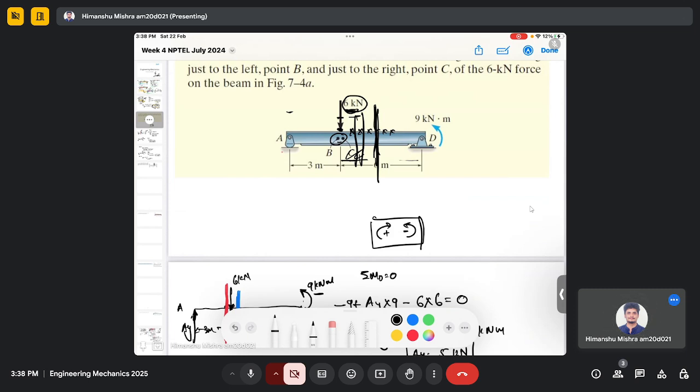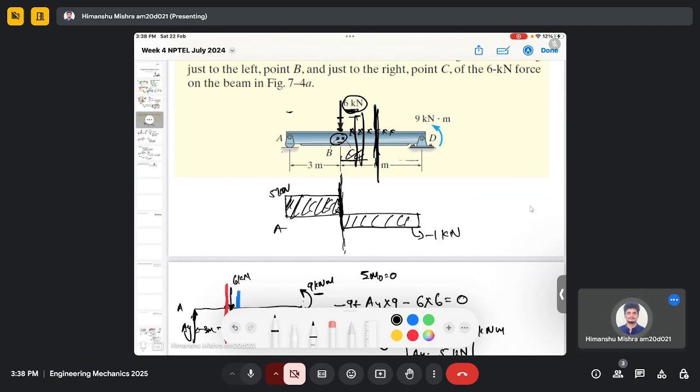So if I make the shear force diagram, it will be 5 kilonewton. So this is the location where my external force is acting. So this is 5 kilonewton force, and after this, where the point force is acting here, there will be a discontinuity in this force, and it will be now minus 1 kilonewton.